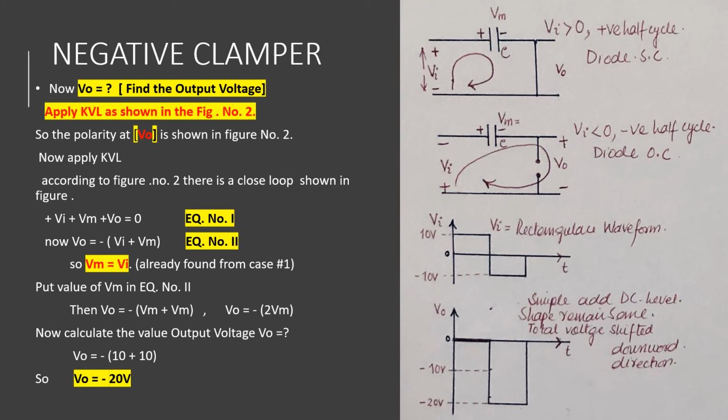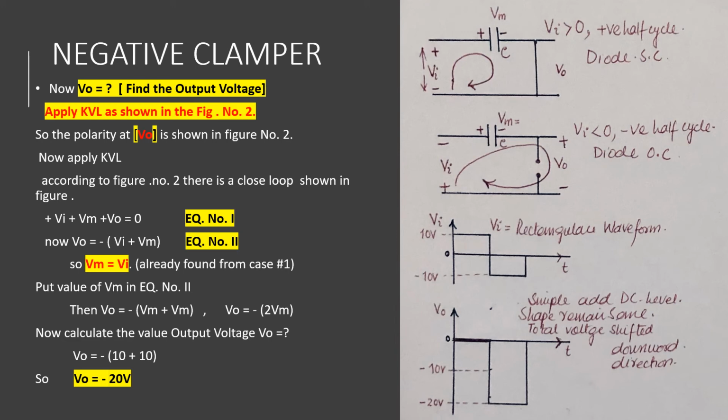Now we apply KVL in figure number 2. The polarities at Vout are shown in figure number 2. According to figure number 2, there is a closed loop as shown in the figure. Now this closed loop is different from the closed loop which we discussed earlier in figure number 1, because the diode is now open circuit.